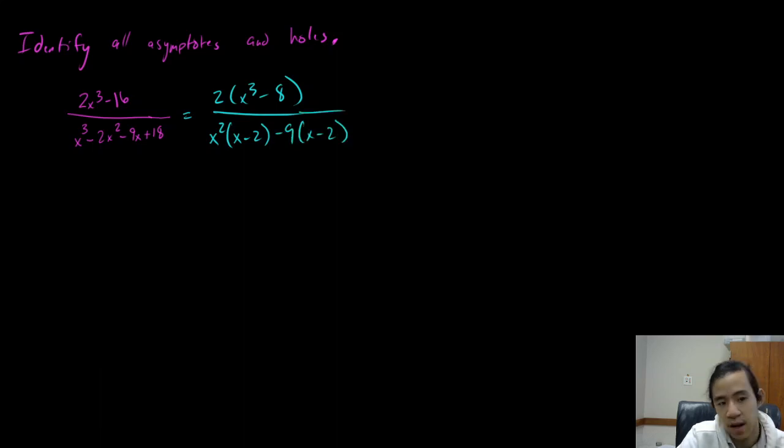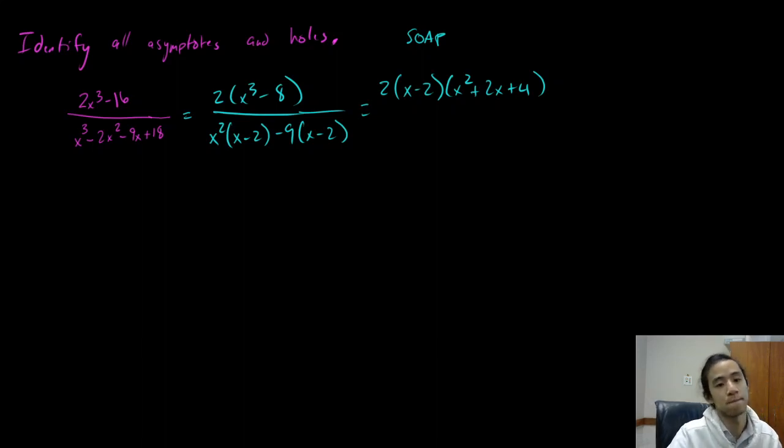So let's keep going, factoring both at the same time. I want to do difference of cubes at the top. So we're going to have 2 times x minus 2 times x squared plus 2x plus 4. If you forgot how to do difference of cubes, remember it's SOAP for the signs, and there's a pattern: a minus b, a squared, a times b, and then b squared.